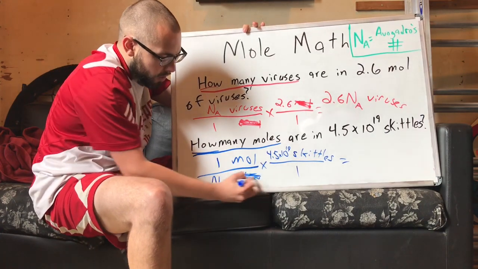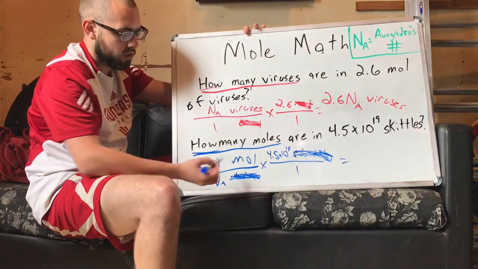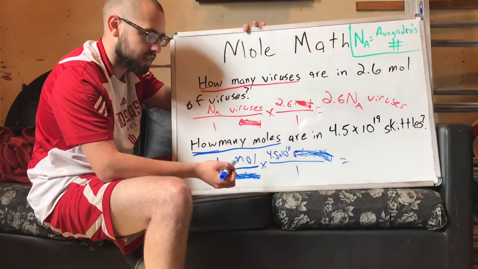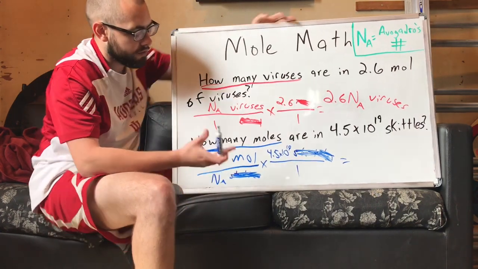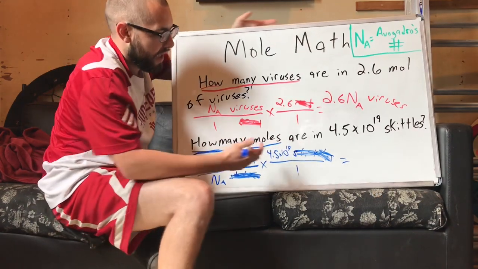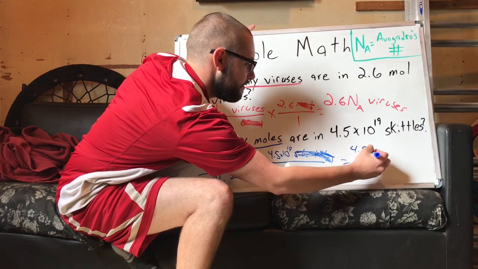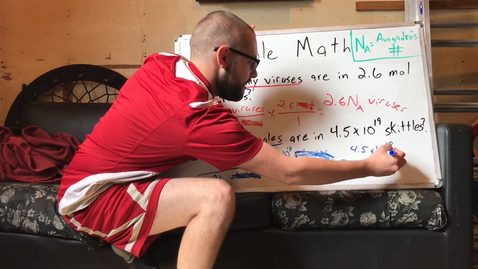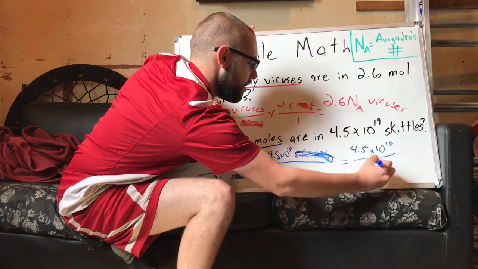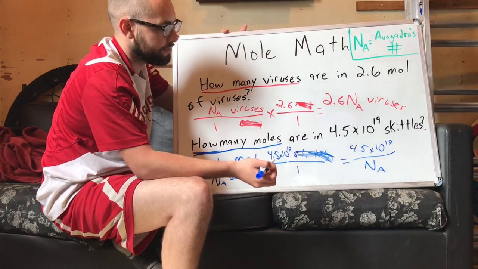So the work is pretty much the same. This unit cancels out. The only unit I have left is moles this time. The difference is, instead of multiplying this time, my answer would be 4.5 times 10 to the 19th divided by Avogadro's number.